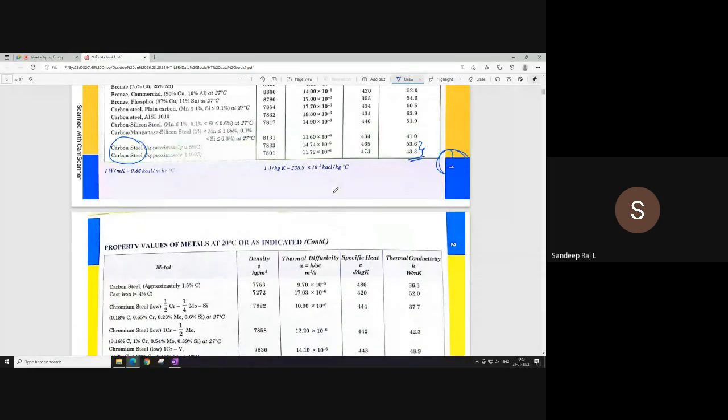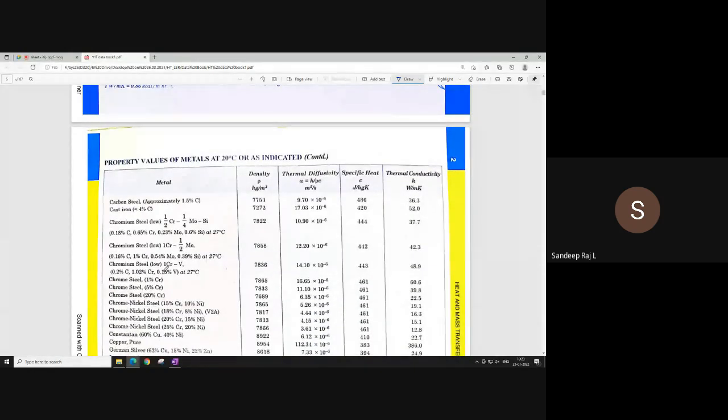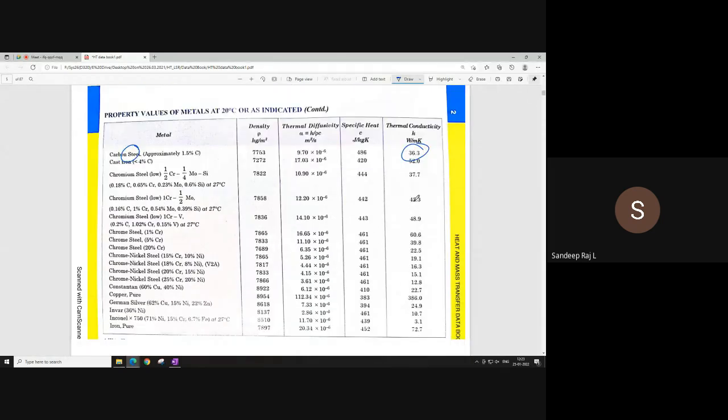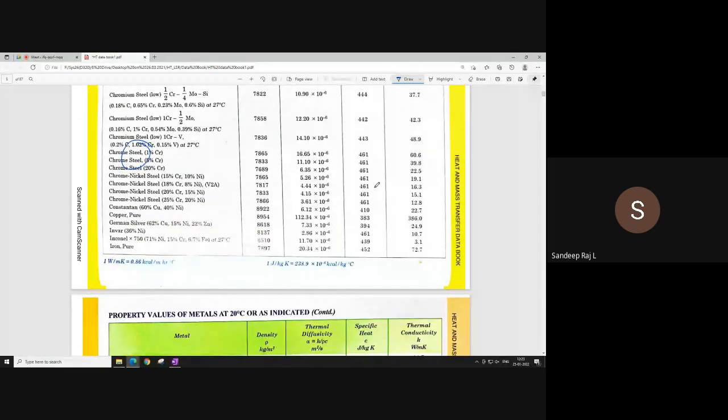And what is the thermal conductivity of steel? You can see here it is around 50. There are various kinds of steels. The value will be around 50 we can take. If it is stainless steel, these are all kinds of stainless steels, it will be around 15 watt per meter Kelvin.